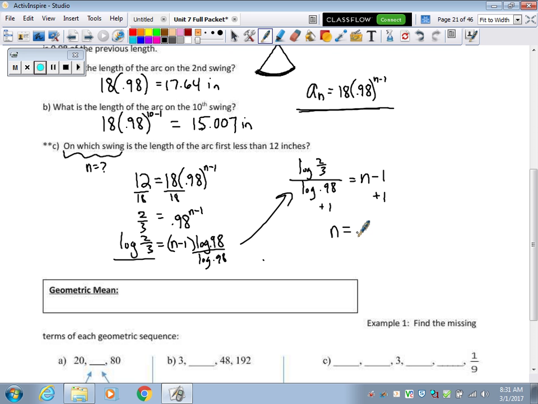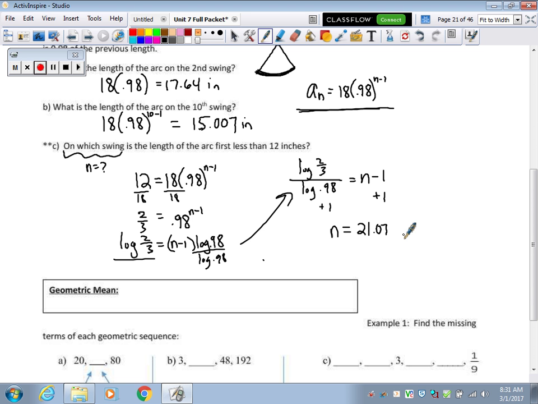So grab your calculator, see if you can get this. I'm going to use my alpha y equals to make a fraction. So I know that I've got log of 2/3 on the top, log of 0.98 on the bottom, add 1 to it. So I get 21.07. So which swing is it?